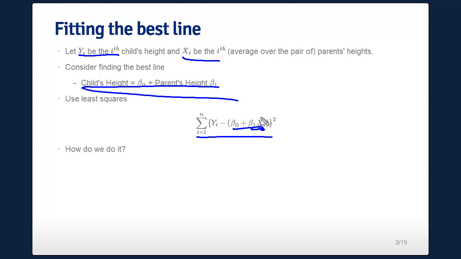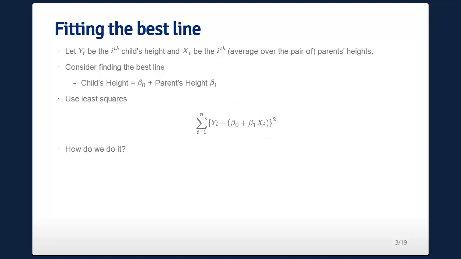If we were to take a parent's height, xi, and multiply it times the slope, beta 1, and add the intercept, beta naught, then that would give us a predicted child's height based on the regression line. Yi, in contrast, would be the actual child's height, the one that was actually recorded. So the difference between these two is the difference between what the model would predict for that child and what actually was observed for that child.